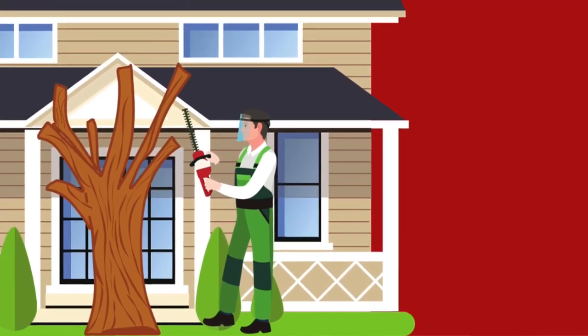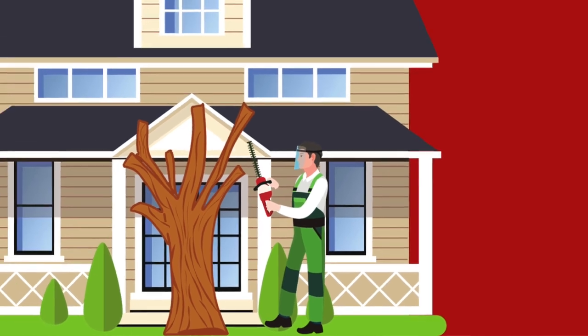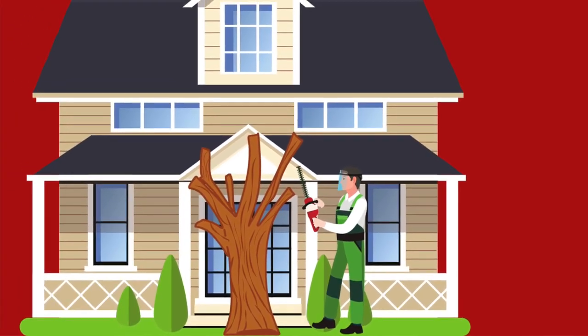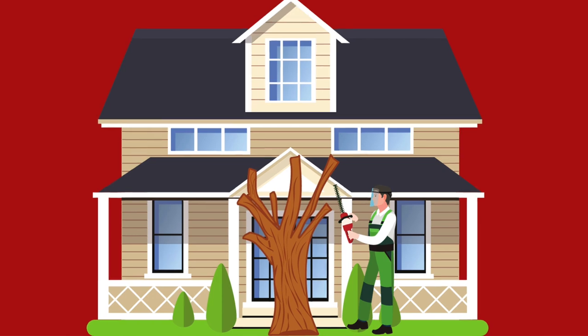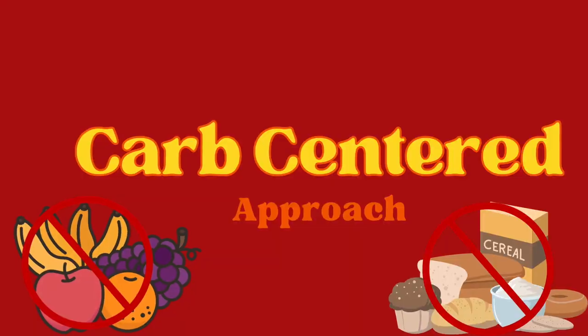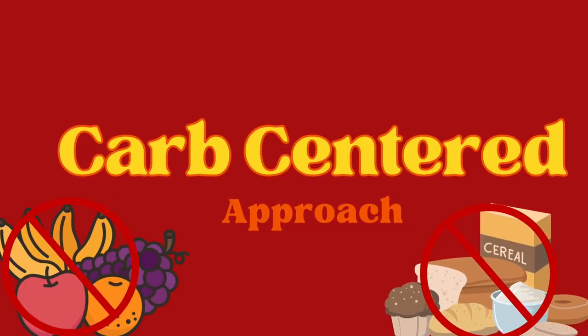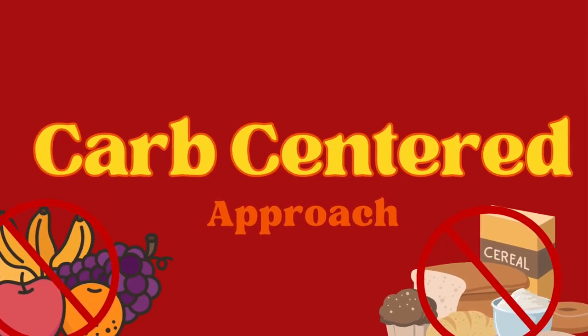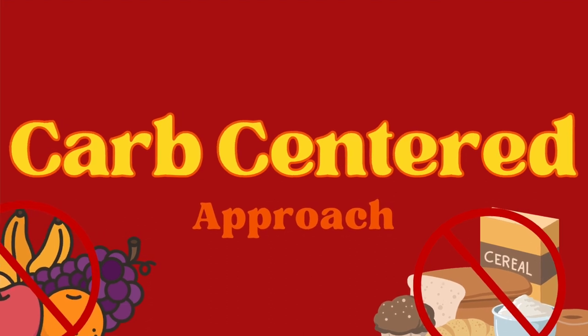It's immediate results, because when you trim the branches off the tree, you can see the immediate effect, a better view of your house. This I equate to the carb-centered approach, the first school of thought for managing diabetes. The carb-centered approach is focusing on the immediate effect of controlling carbohydrate intake.